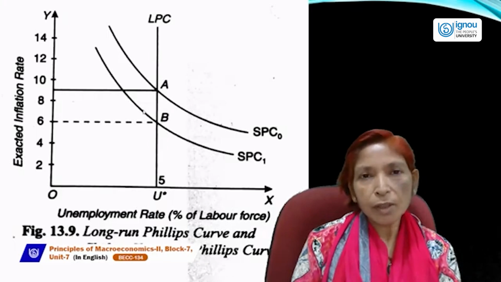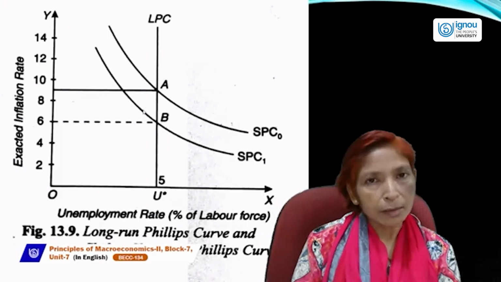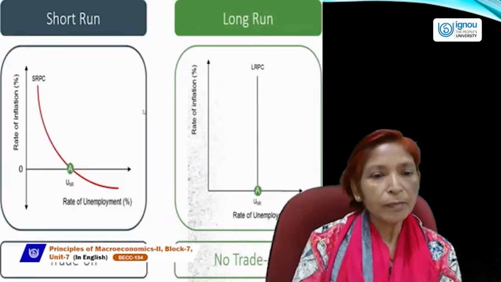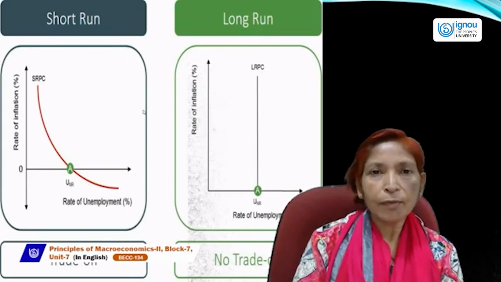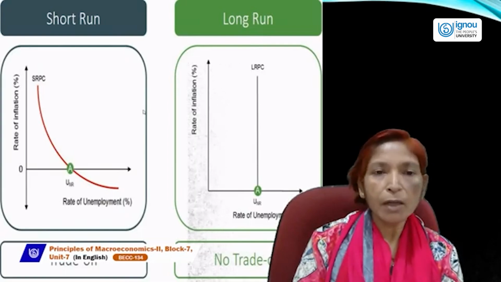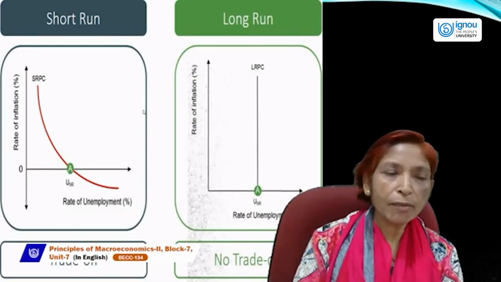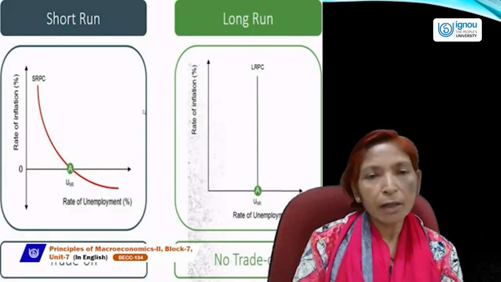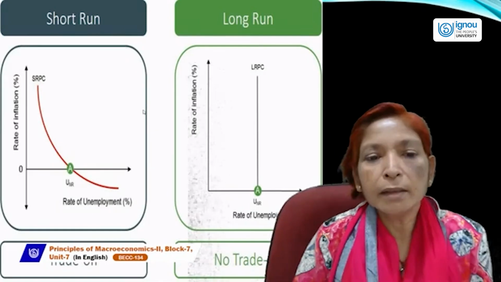So Phillips curve theory is only applicable in the short run, not in the long run. In brief, we can show two diagrams of the short-run and long-run Phillips curves, which show that there is a trade-off in the short run, and in the long run there is no trade-off between unemployment and inflation.